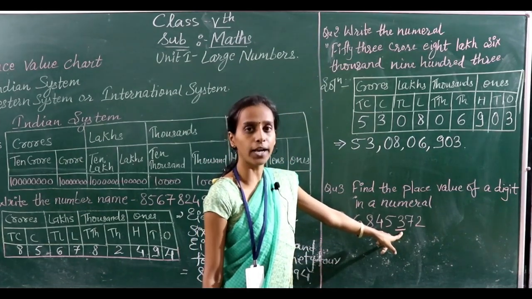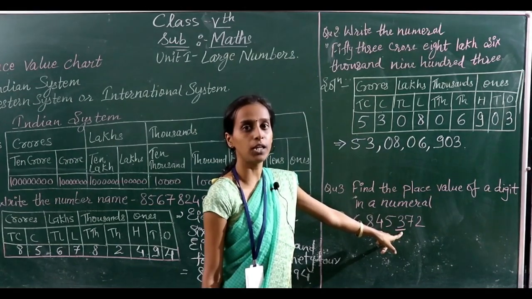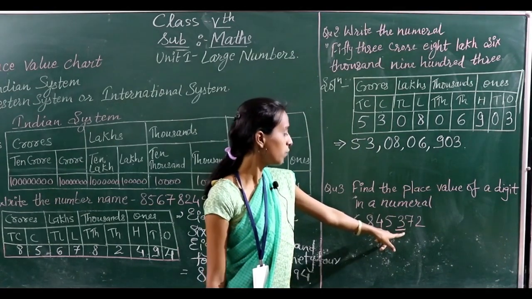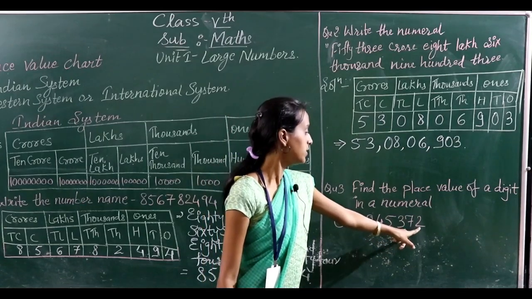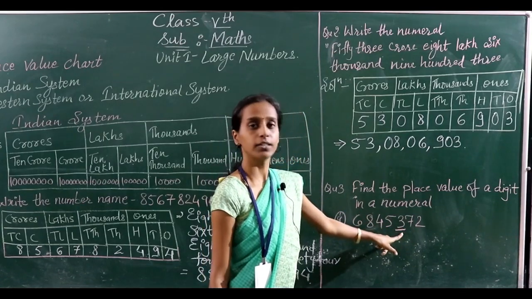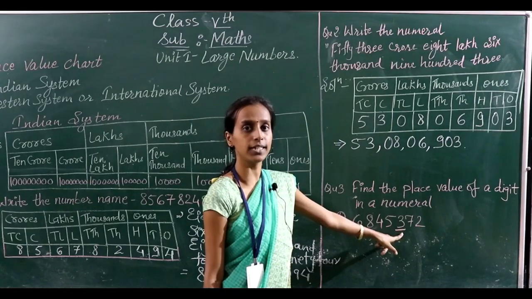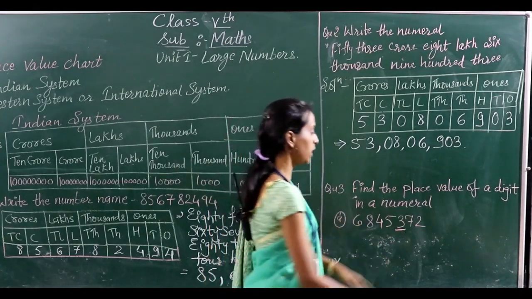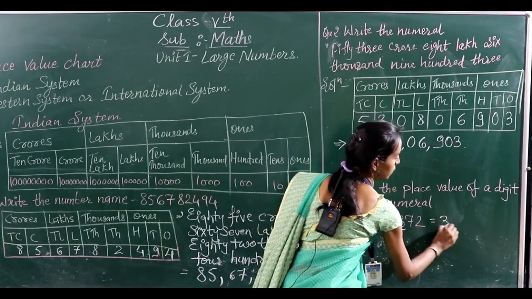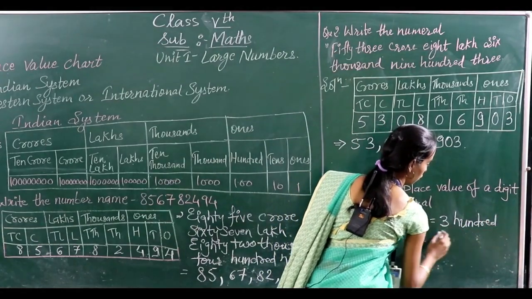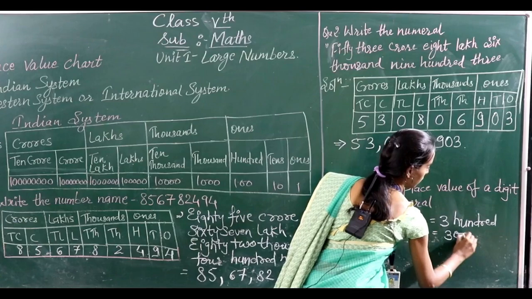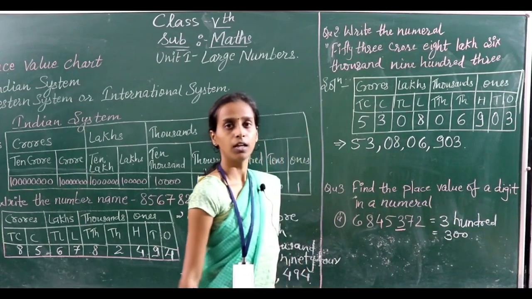That means you have to find the place value of 3. So what will be the place value of 3? Here ones, tens, hundreds. So 3 is in which position? It is in the hundreds position, so it will be 300. You can say that 300.